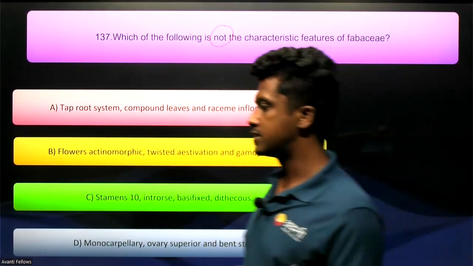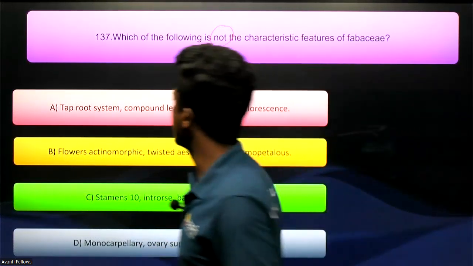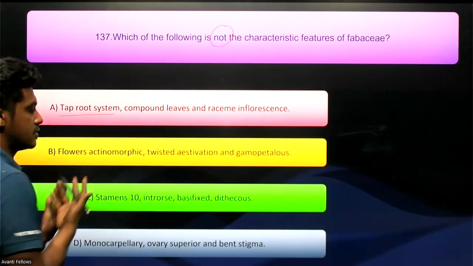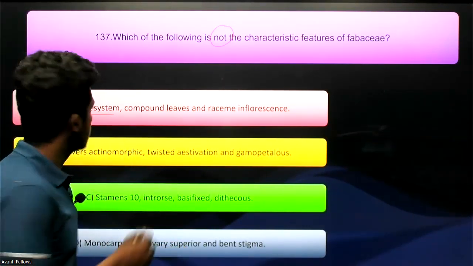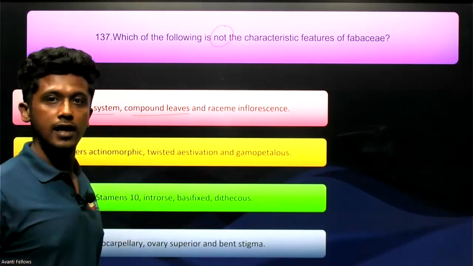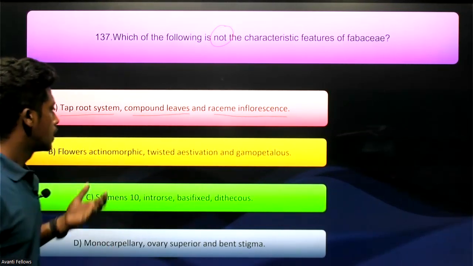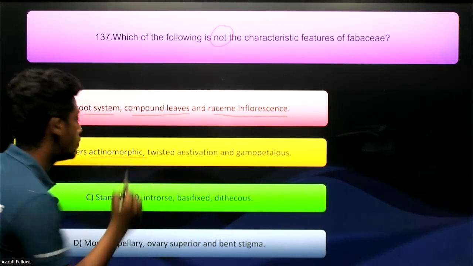A lot of these characteristics are very relevant to Fabaceae. For example, yes, they exhibit a taproot system. You can remember so many characteristics with this question itself. They have a taproot system, they exhibit compound leaves, and they have racemose inflorescence. Clear? Next one. Coming to our flowers, the flowers are actinomorphic?